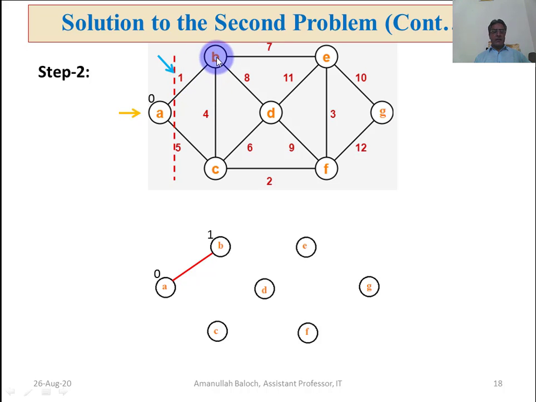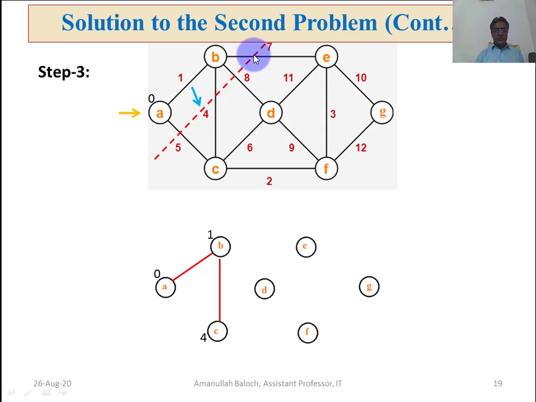Next, because this node has been processed, it will place the cutting edge here. At the left side the processed, at the right side the unprocessed nodes. We will see it here. So this cutting line is cutting the edge having weight 7, this edge having weight 8, edge having weight 6, and edge having weight 2. 2 is the light weight. So Prim algorithm will select this edge as part of the MST.